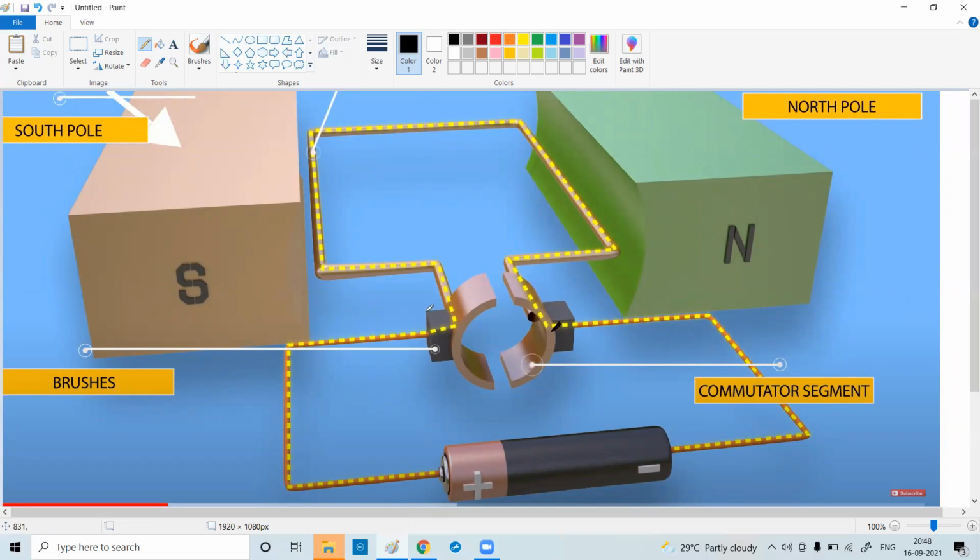Understood? If this is not there, what will happen? When the armature rotates, it will also turn the wire, and you will break the circuit. It is like taking a rope and rotating it. What will happen? The rope will get twisted, and the whole circuit will get destroyed.